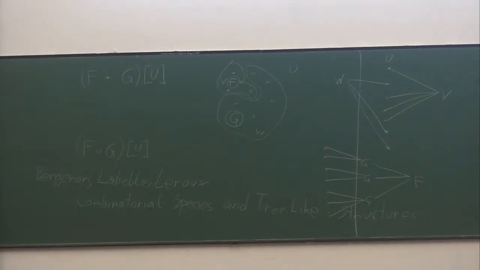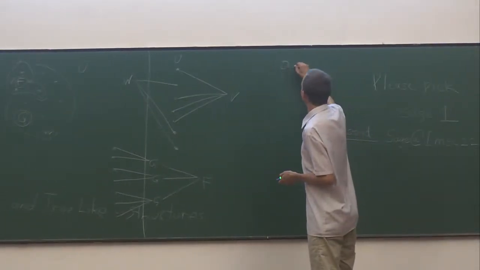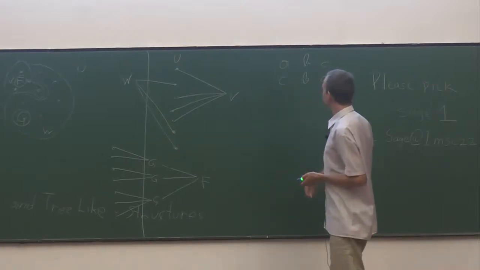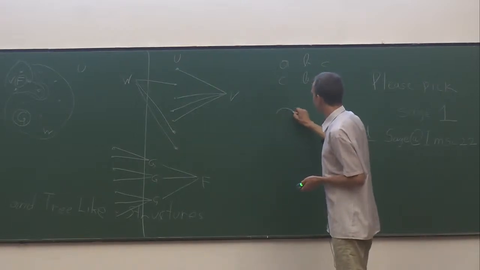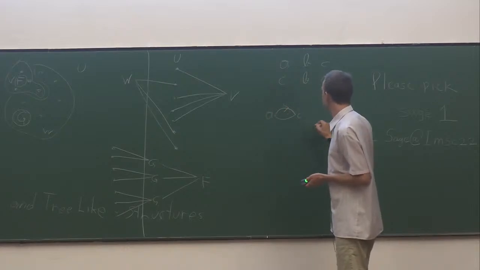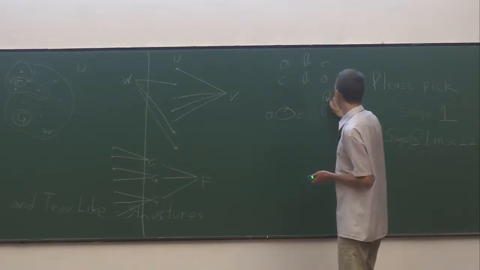The last element is CBA, or I like to draw it as A goes to C, and B is a fixed point.